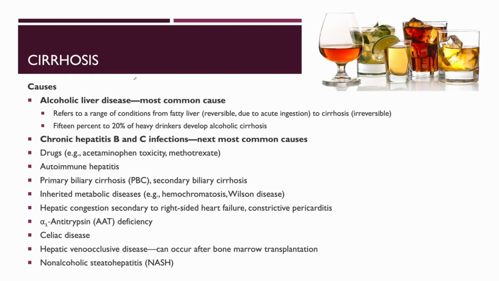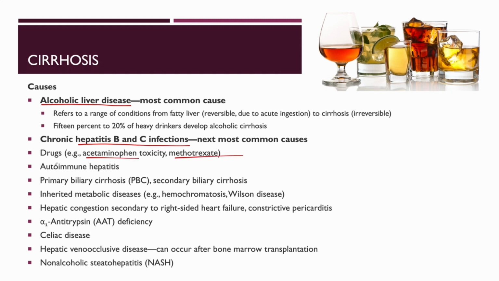The major cause, number one, is going to be alcoholic liver disease. So patients that drink, and we'll talk about alcohol-induced liver disease on the next slide. There are other conditions, probably number 2 and number 3 are going to be chronic hepatitis, so B and C. There are drugs that can cause cirrhosis and toxicity, including Tylenol and methotrexate.